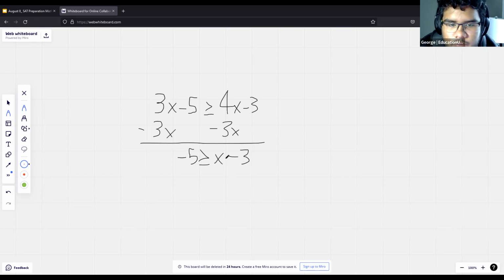And from here, we have a single x with an invisible 1 as a coefficient, so we can solve for x now. To do this, we simply add 3 to both sides so that this minus 3 disappears from the side of x. So we do it on both sides, and -5.